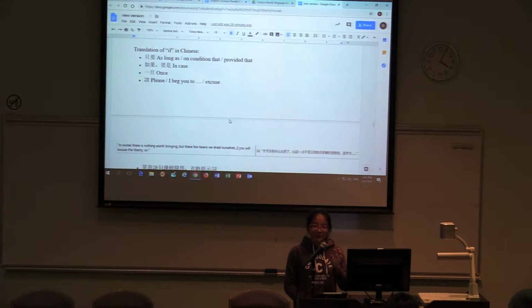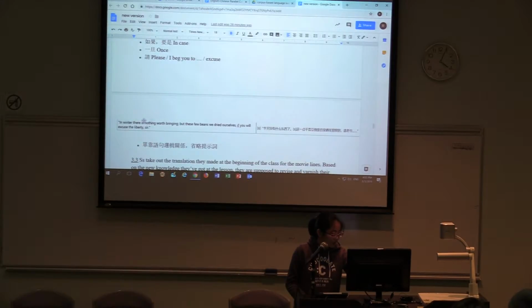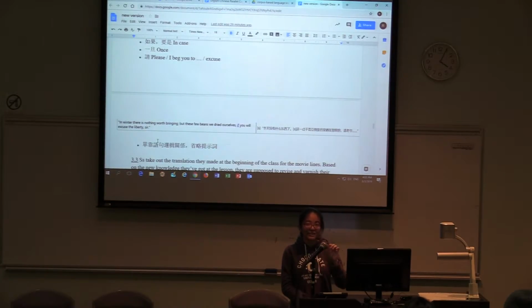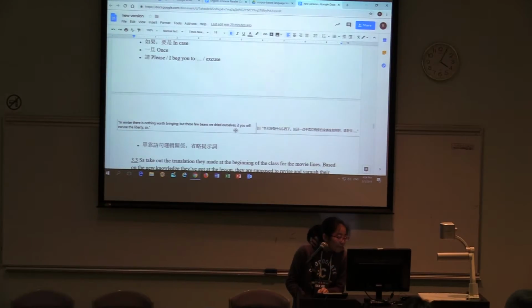We only found 1 example, so here, "if you will excuse the liberty, sir," it is 请. And another type is they don't need any markers to demonstrate the translation. They just naturally developed without any marker word.